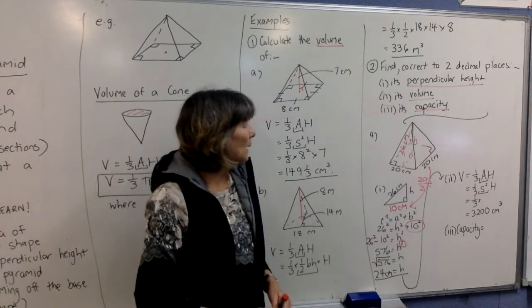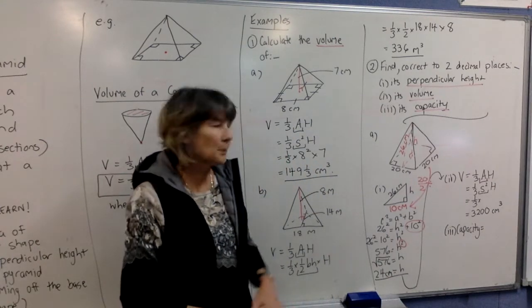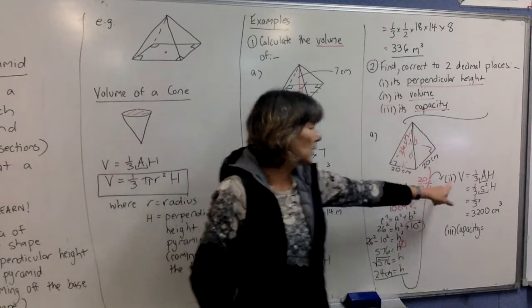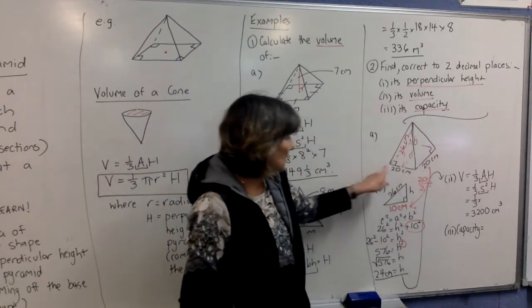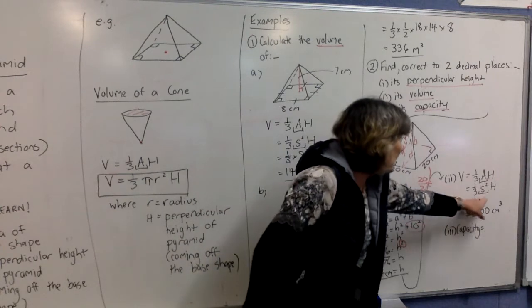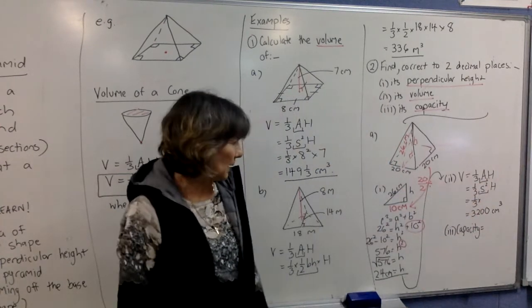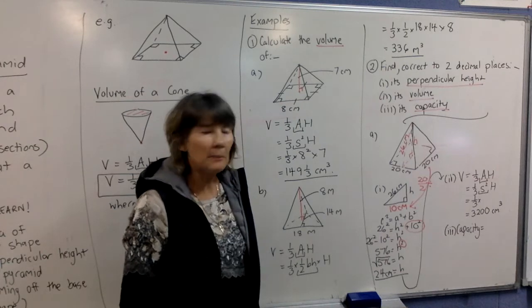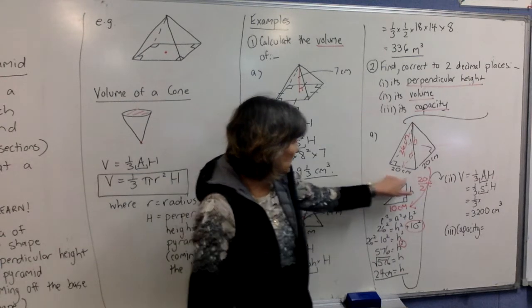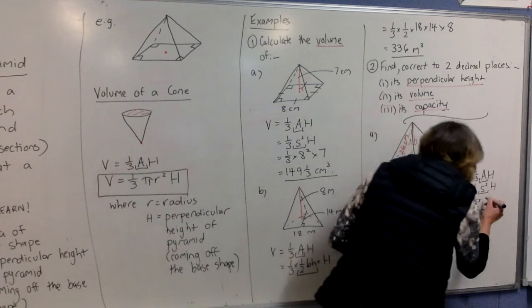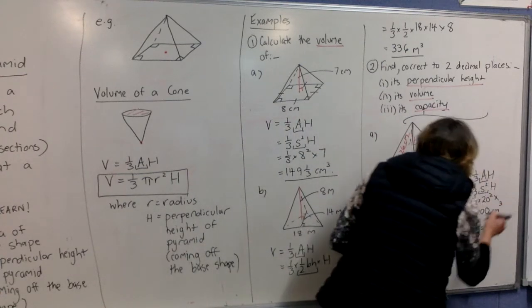All right, now we're going to part 2, the volume. So we can see it's a pyramid going to a point, so we're going to do V equals 1/3 AH. And remember, our base shape is a square, so we're putting S squared in for our area formula. So now we're ready to put our numbers in. So we've got 1/3 times, the side length of the square is 20, so we're going to have 20 squared times.